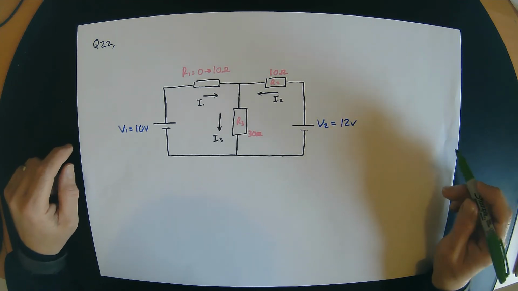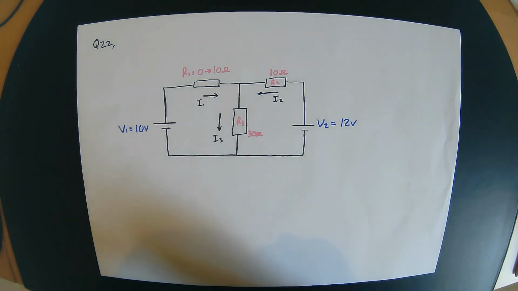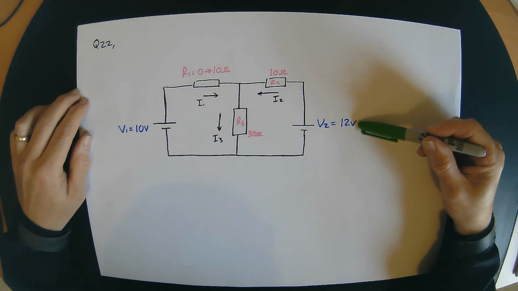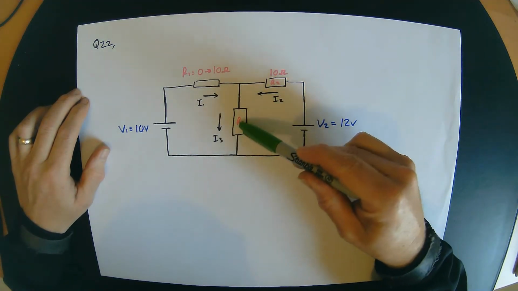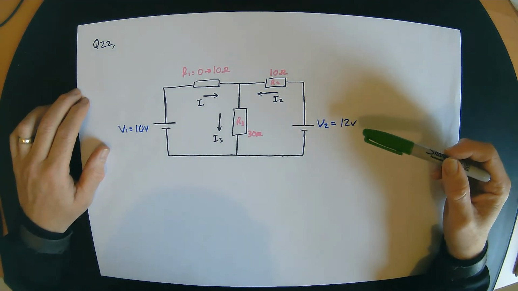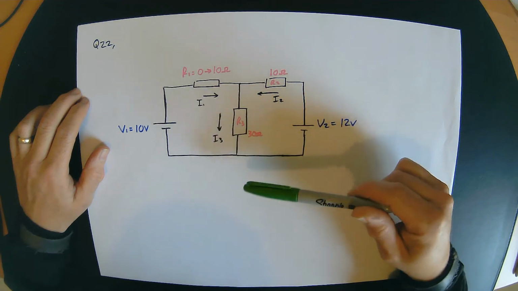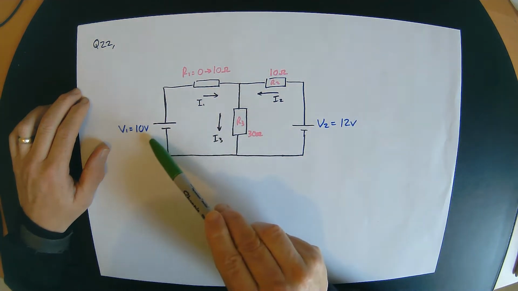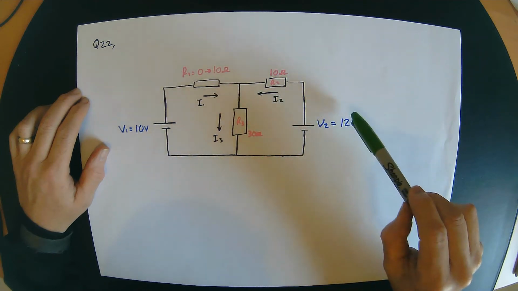The current in I2 will be determined by the potential difference across R2. And we know that this has a potential difference of 12 volts, and this is a potential divider. We don't even need to do the potential divider equation because we know that this has a potential difference of 10 volts, and those two have to add up to 12.